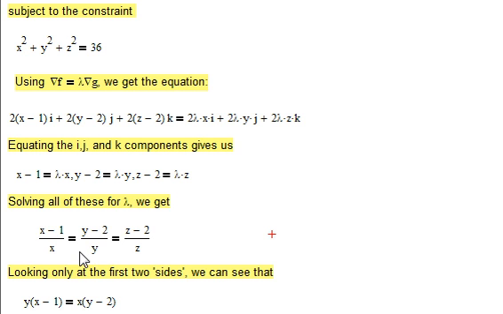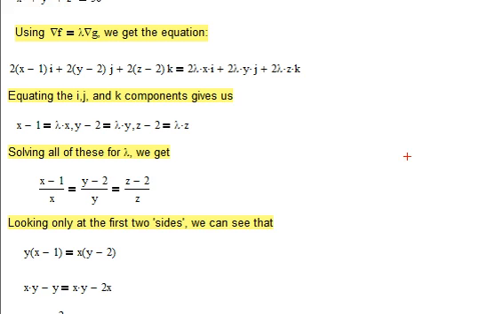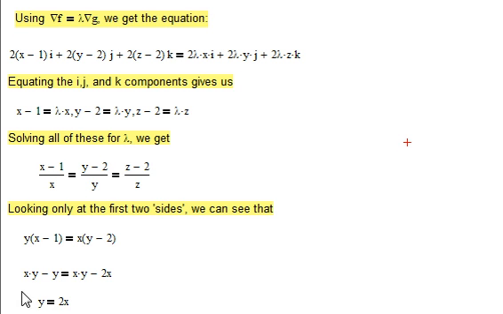And looking only at the first two parts of this, we can see that y times (x minus 1) equals x times (y minus 2), which doesn't really help much. But now when we multiply that out, we get xy minus y equals xy minus 2x. And if we subtract that xy from both sides and multiply the result by negative 1, we get y equals 2x.